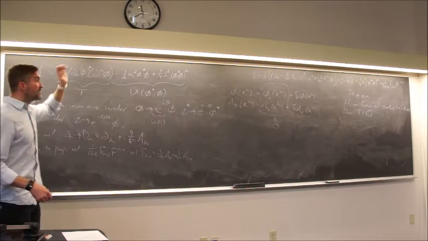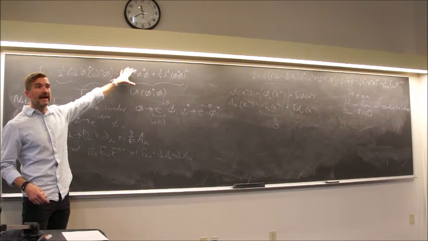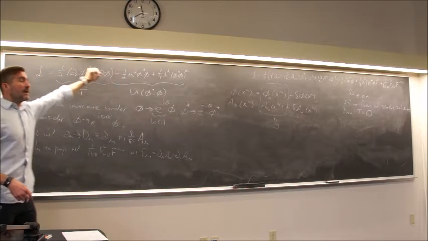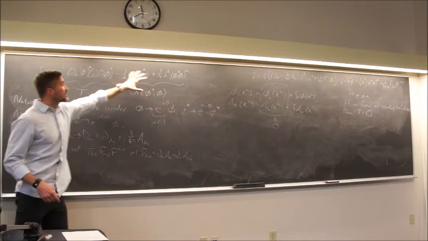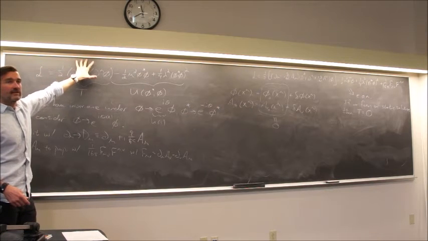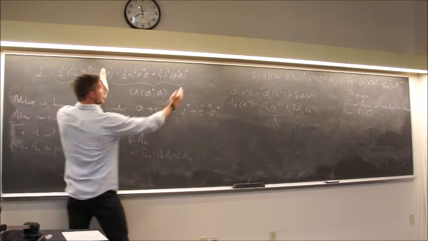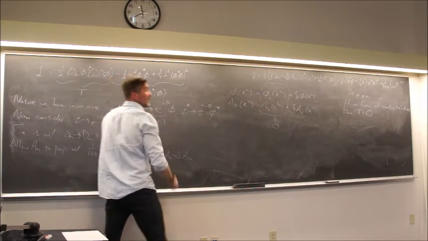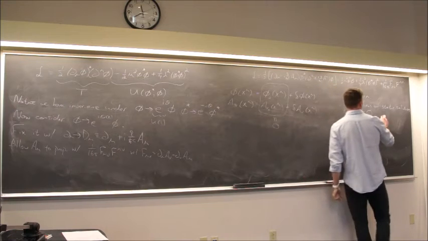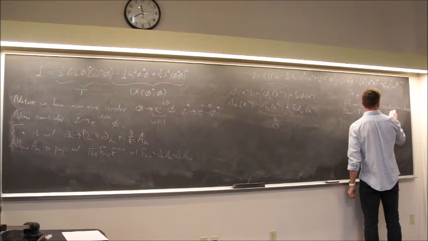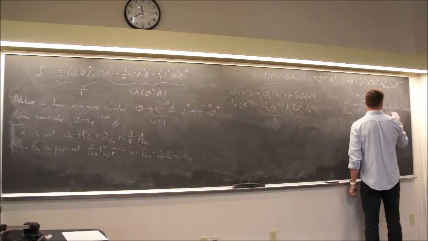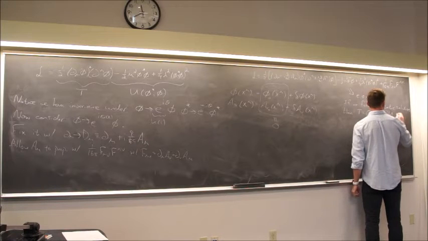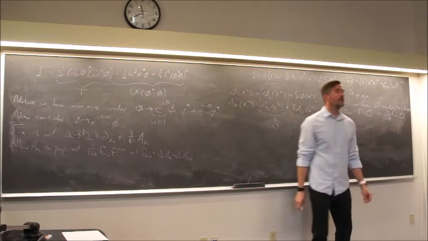Now remember, the equations of motion you get by extremizing this action. So if you want to extremize this action under the assumption that the kinetic term is 0, then all you're doing is extremizing the potential. That is, the equations of motion just reduce to partial U, partial phi is 0.